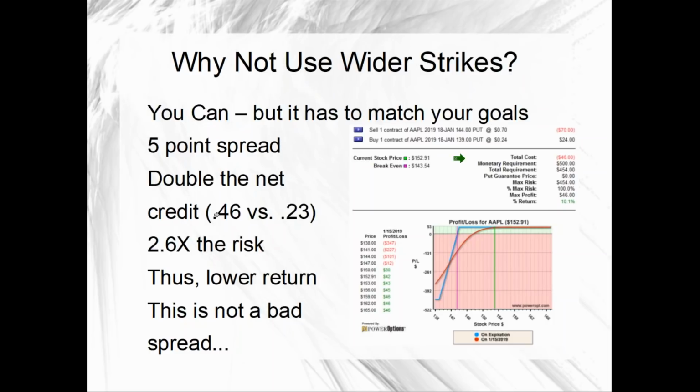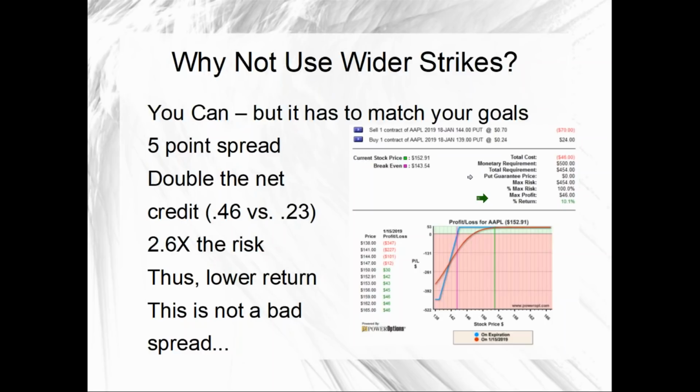That looks pretty good, but the risk has moved from 177 to 454. That's 2.6 times the risk. Thus, we're only seeing a 10% return with the same 85% probability that the stock will remain above 144.